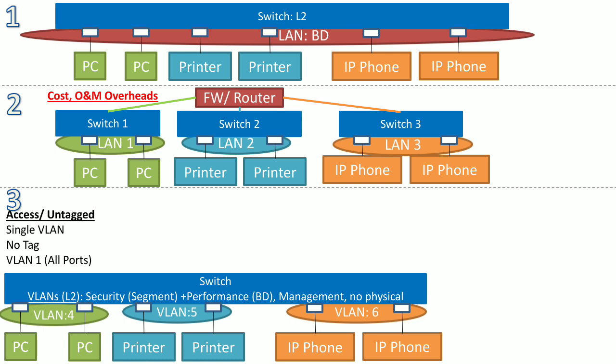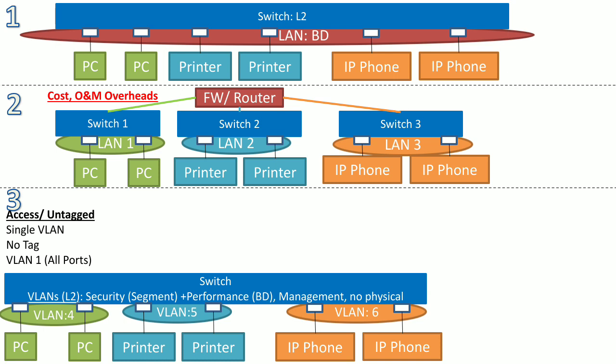All these ports are in access mode because each of these ports belongs to only a single VLAN at a time. Therefore these ports are untagged.